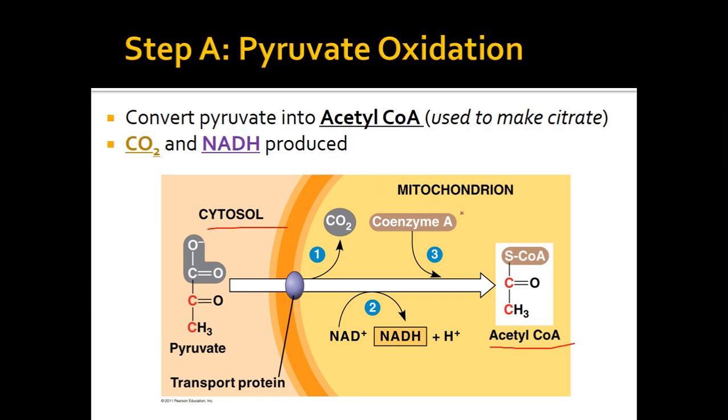In that case, I was wrong. That's my bad. Acetyl-CoA actually gets formed inside the mitochondrial matrix. In forming this, it is also producing CO2. It's taking NAD+ and charging it to NADH, and then coenzyme A is coming in here.